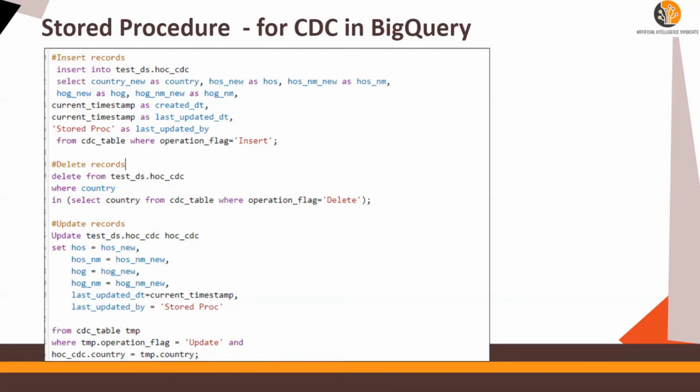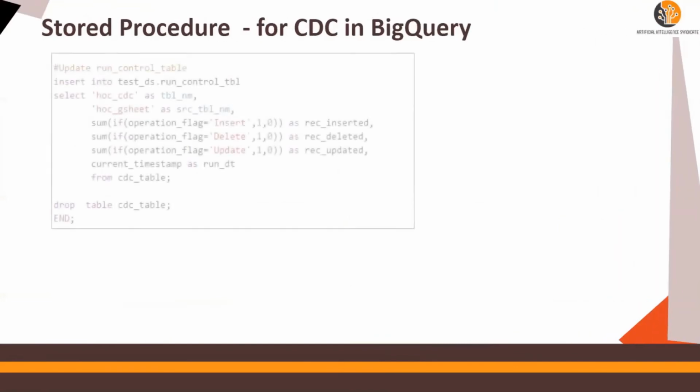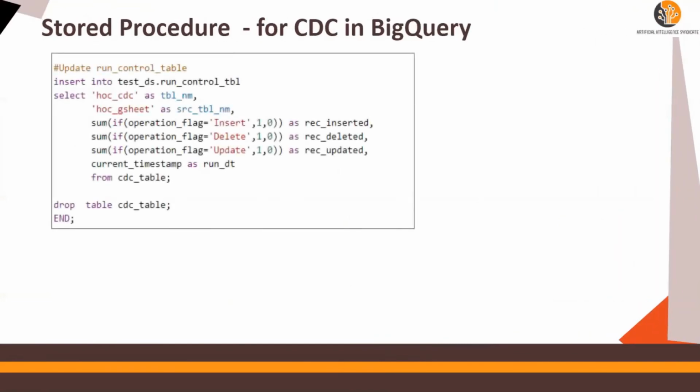Let's look at the next section of the stored proc. Then I'm updating the run control table over here, wherein I'm putting the table name, source table name, and I'm counting the number of records inserted, deleted, or updated, then the run date when it was run, from the temp table. At the end, I'm dropping the temp table, and end meaning ending the stored procedure itself.